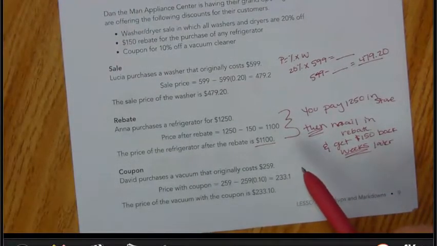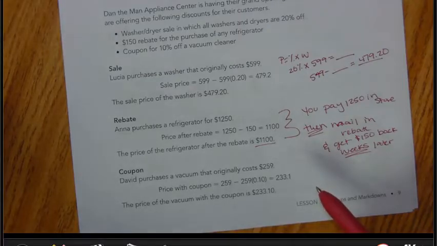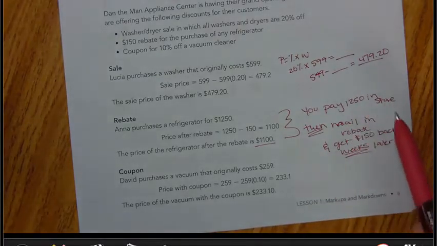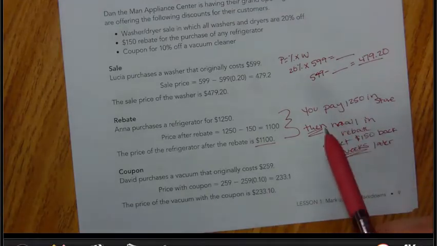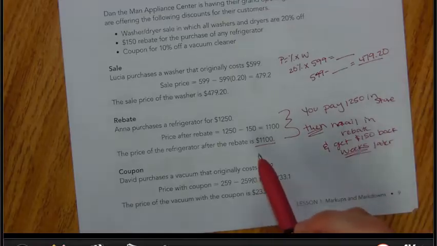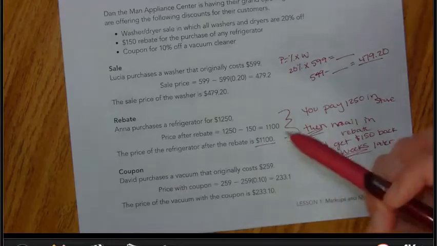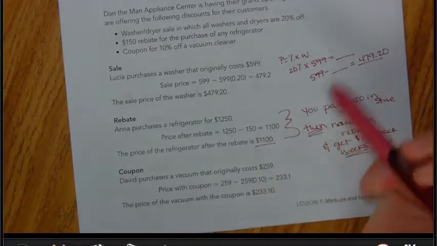So most of the time, rebates are not the way to go. You can choose to do rebates; that's how the most extreme couponers do it, if you ever watch that online. But you pay the $1,250 in store, then you mail in your rebate, and then you get the $150 back. So in the end, your refrigerator cost you $1,100, but you did not pay that at the store initially.